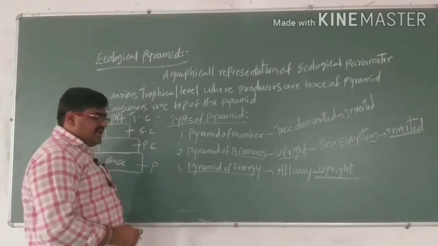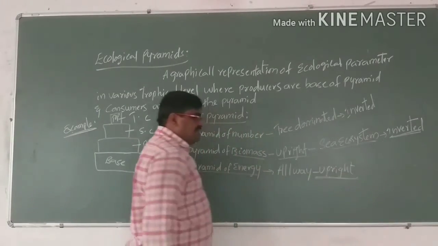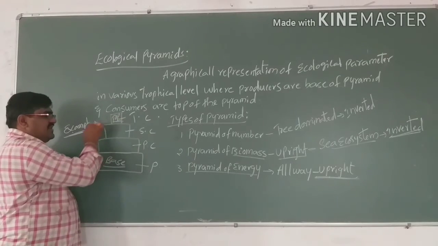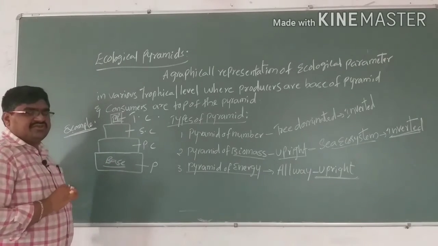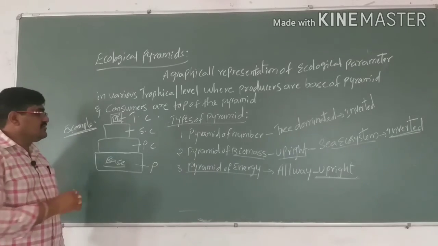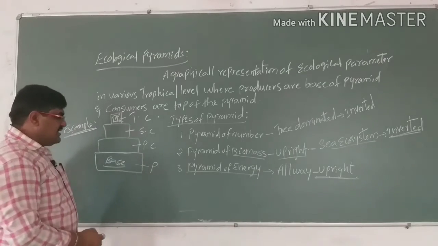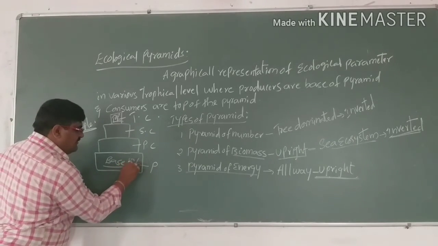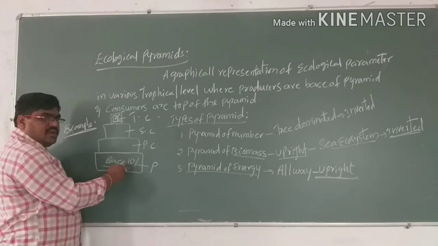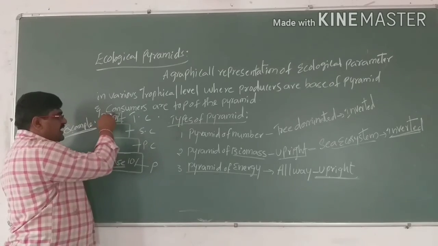Upright means the producers are present at the base and the consumers are present at the topmost layer, the tertiary consumers at the top of the pyramid. When transferring, 10% of energy is transferred, that is the 10% law. Only 10% of energy is transferred from one trophic level to another.